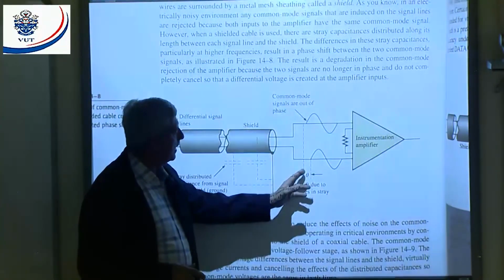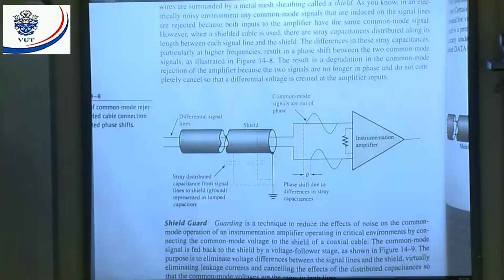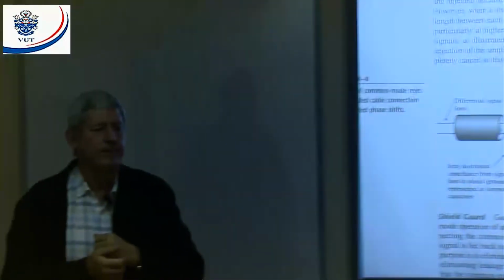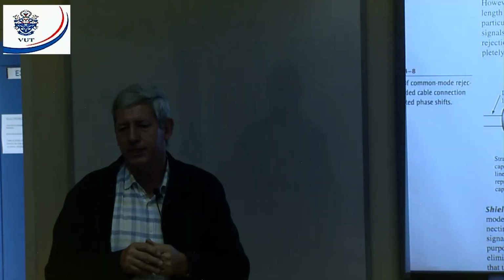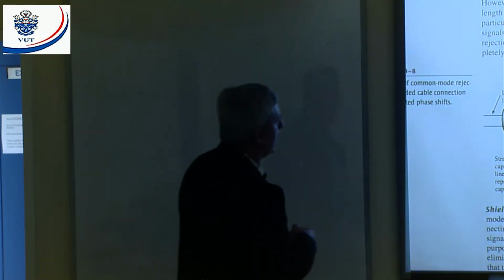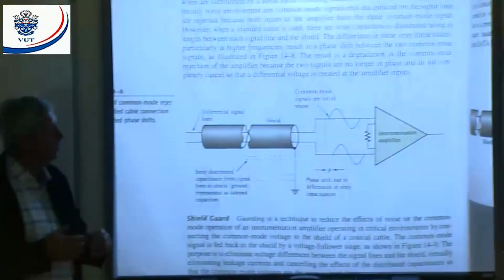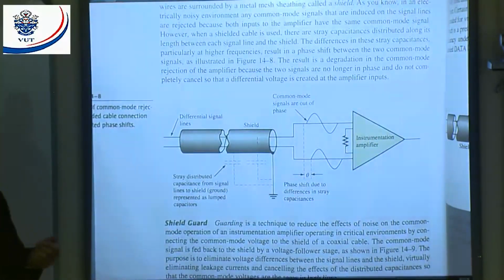And now, due to that phase shift, we will not have complete elimination of my common mode signals. And that is one of the problems, and that will bring us to shield guard, because with shield guard, we can basically eliminate that problem, all right?